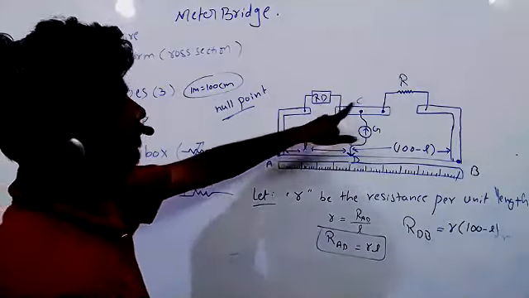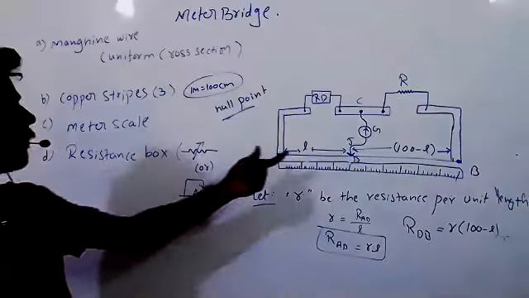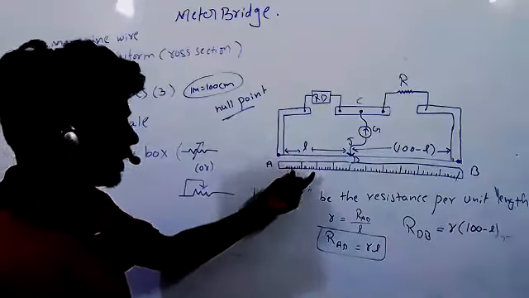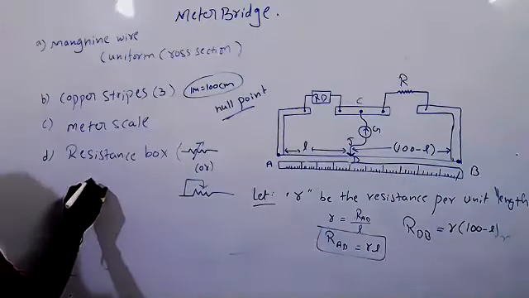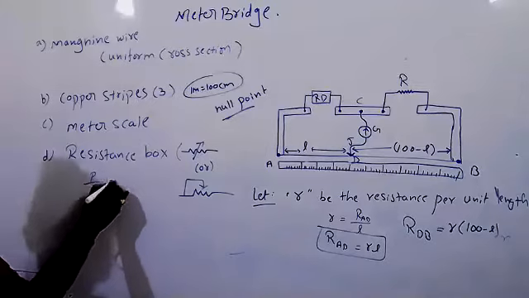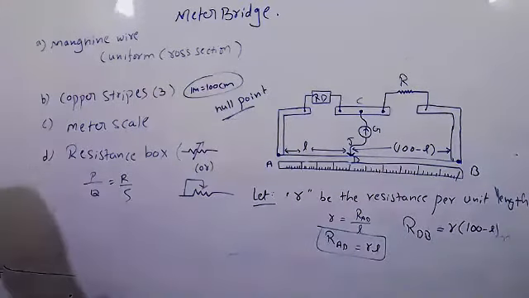One resistance box and one more resistance, whichever you want to find out, take it as S. What is the Wheatstone bridge? P by Q equals R by S, right?